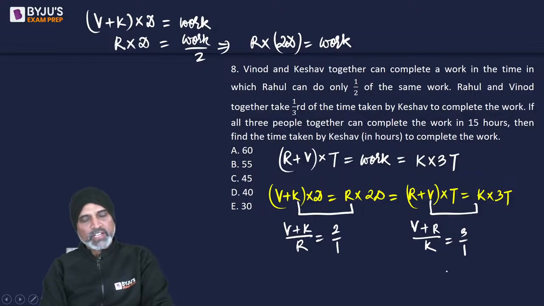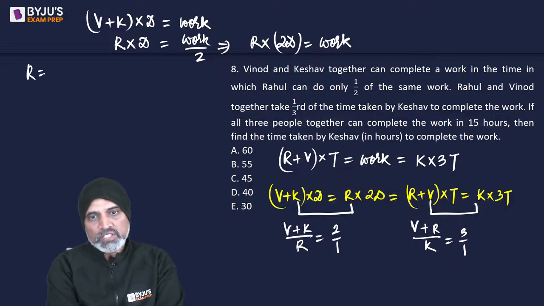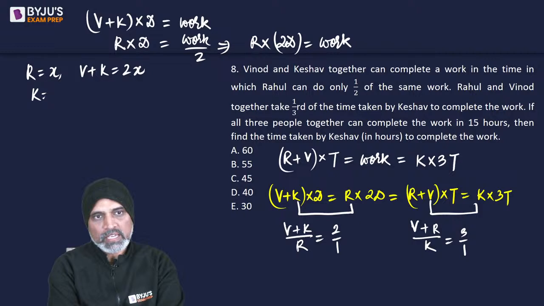If I divide, it won't make sense. So if I take R is equal to X, we can say V plus K is equal to 2X. And if we take K is equal to Y, we will get V plus R is equal to 3Y.